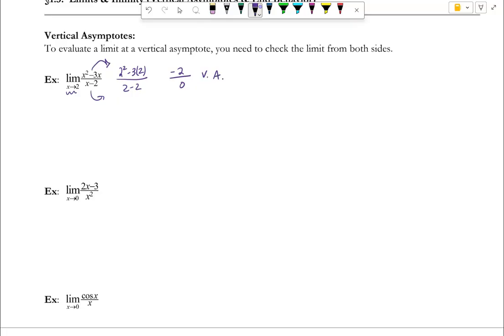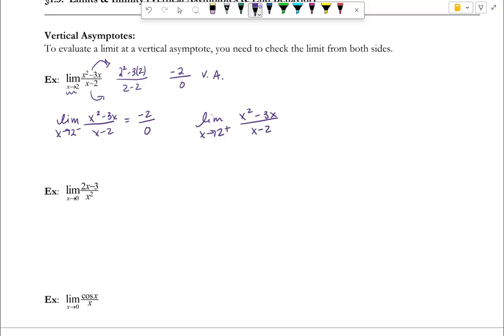So now when we go to evaluate the limit, we have to evaluate the limit from the left and the right of 2. So I'm going to keep my limit notation here. The limit as x approaches 2 from the left of x squared minus 3x over x minus 2. We already plugged in the 2, so we have negative 2 over 0.